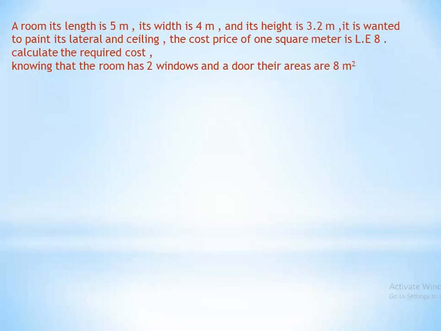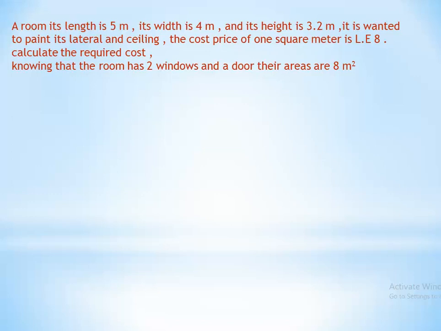A room, its length is 5 meters, its width is 4 meters, and its height is 3.2 meters. It is wanted to paint its lateral walls and ceiling. The cost price of 1 square meter is LE 8. Calculate the required cost, knowing that the room has 2 windows and a door, whose areas are 8 square meters.